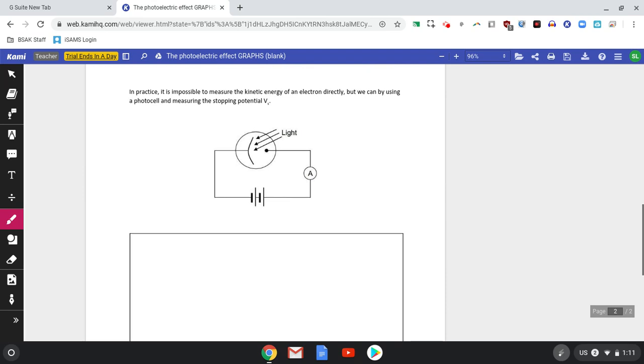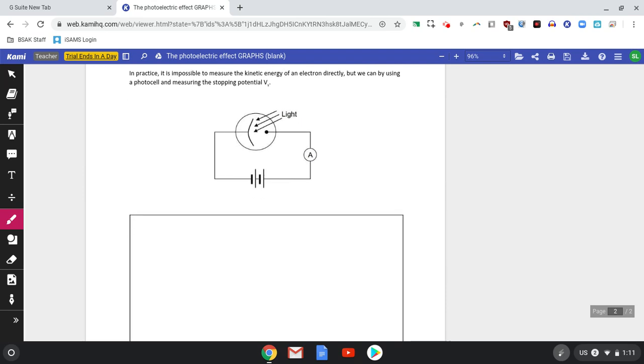So if you remember, if we have our photocell, now remember, if we want to use the photocell to measure the stopping potential, then we have to reverse the polarity of the battery, don't we? So that should look like that.